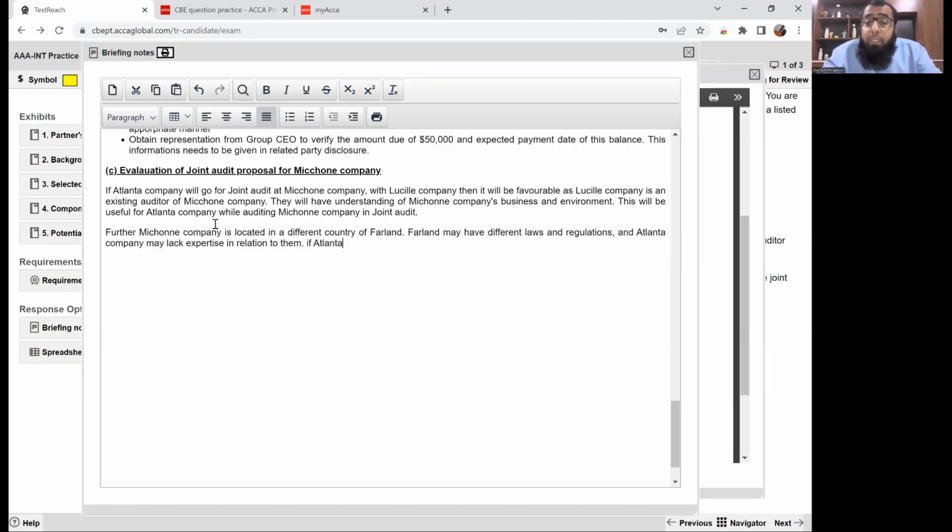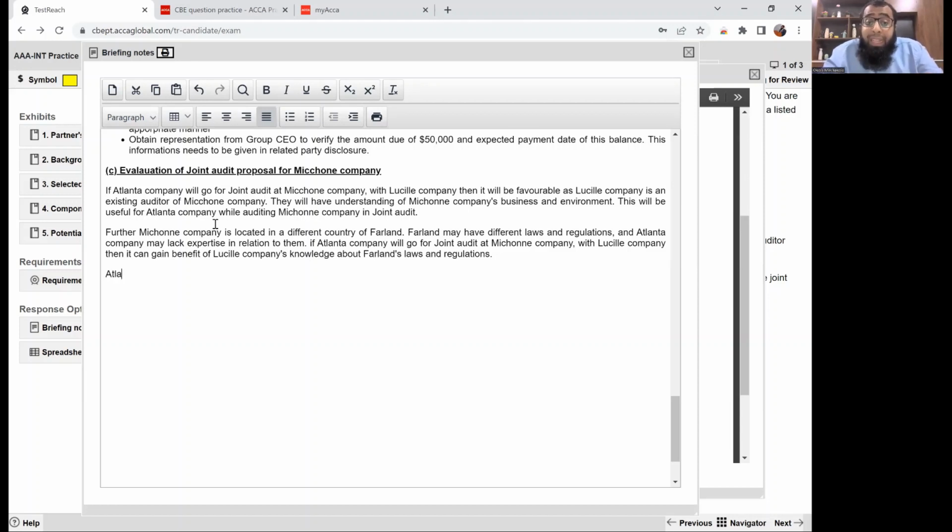If Atlanta company goes for joint audit at Mikon company with Lucille company, then it can gain the benefit of Lucille company's knowledge about Farland's laws and regulations. Okay, and since it's a different country, maybe you don't have the knowledge of local regulations, so you will get knowledge of local regulations also.